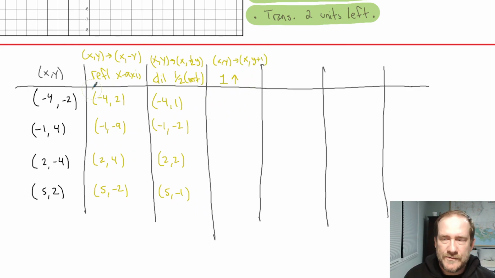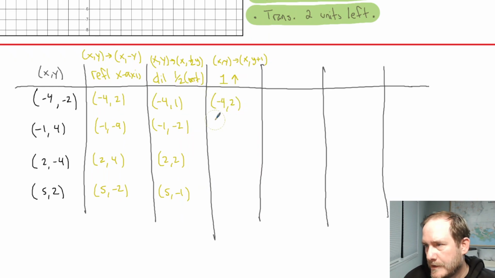So all of these transformations have an associated coordinate rule that you may or may not remember from geometry. Ideally, you don't need to really remember this rule. You just need to know how to do it. So what is it? (-4, 2), (-1, -1), (2, 3), (5, 0). All right, that's it.